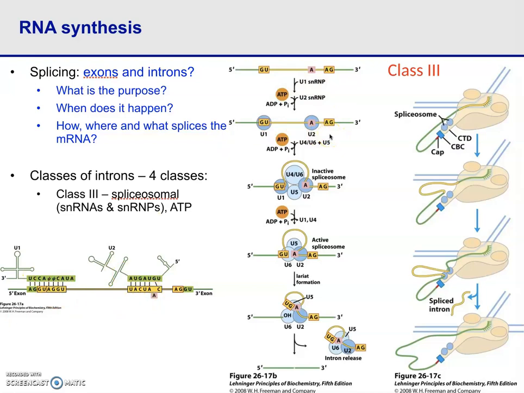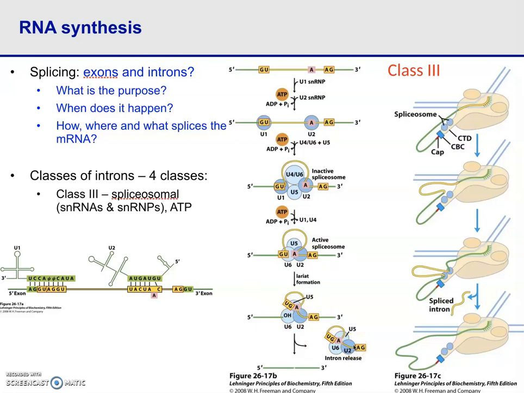Then they recruit U4, U6, and U5 to form the inactive spliceosome. With the help of ATP, the spliceosome now is activated. The intron forms a lariat structure and later on gets excised and removed together with the splicing machinery.